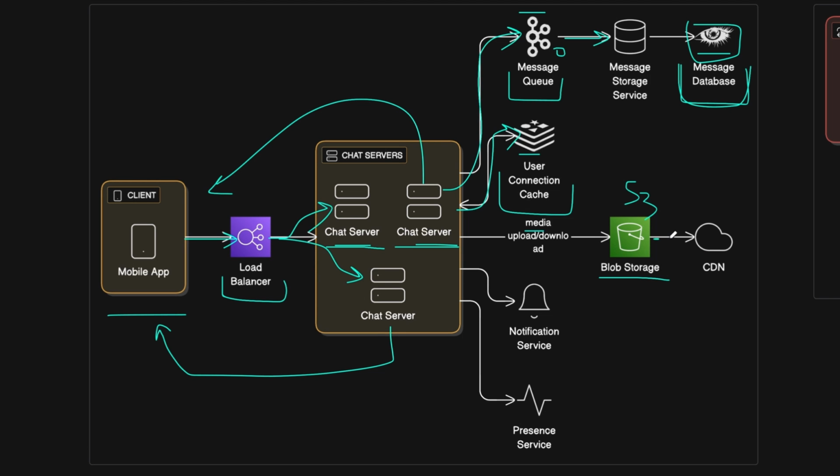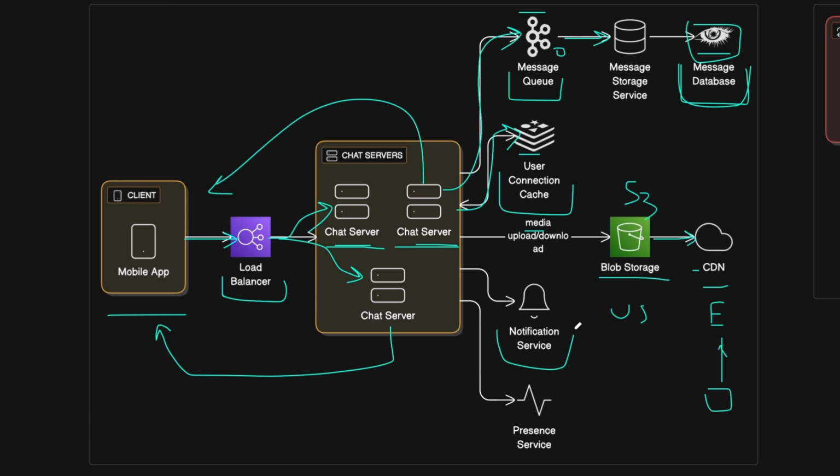But then we will also distribute this to a CDN, which will cache the popular files at edge locations worldwide, so that downloads are fast regardless of where the users are, because one user might be in the US and the second user might be in Europe. In this case, you will have the same copy of the file in the Europe region as well, and the Europe user will download it from the CDN, which is closer to his location.